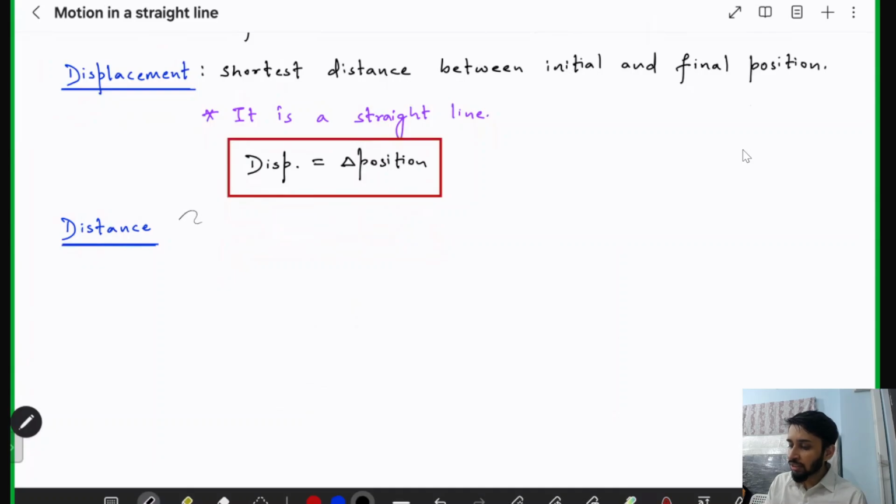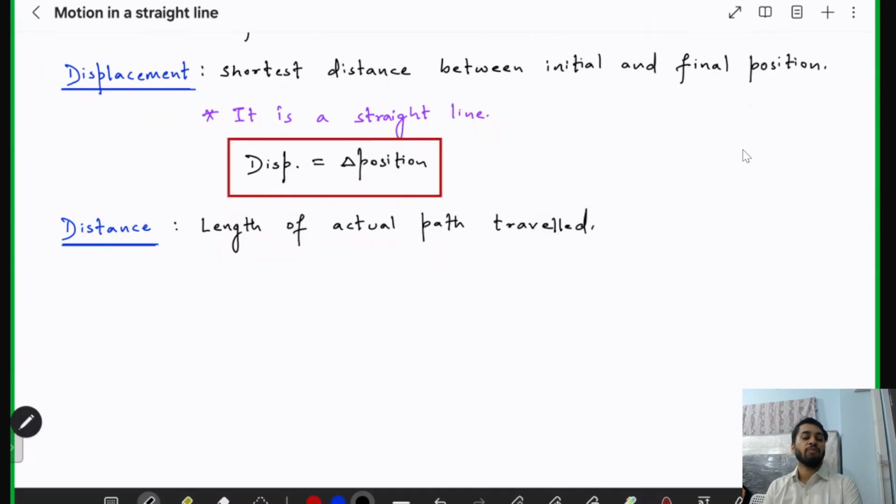Okay, it is the length of the path that you're going to travel. So when you're going from point A to point B, you might go in a straight line or you might go in a curved path or something like that. So distance is actually the length of the path that you take. It's the length of the actual path traveled. Fine. And it is a scalar quantity.